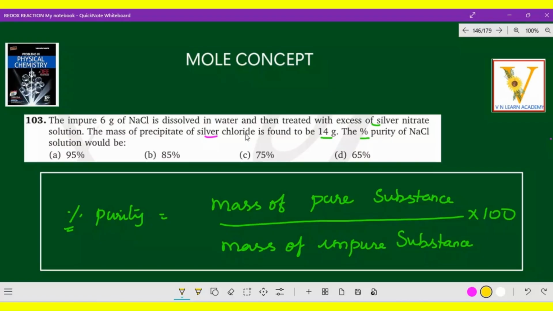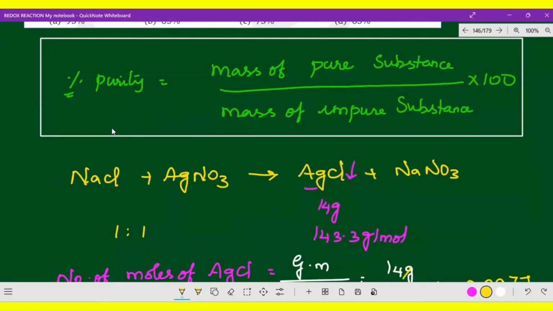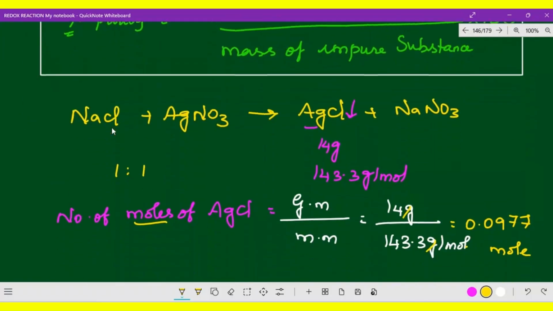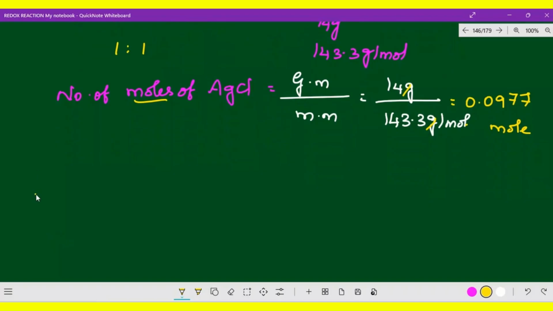The silver chloride and the 6 gram of sodium chloride are both mentioned. So now we have to identify the mass of pure NaCl.